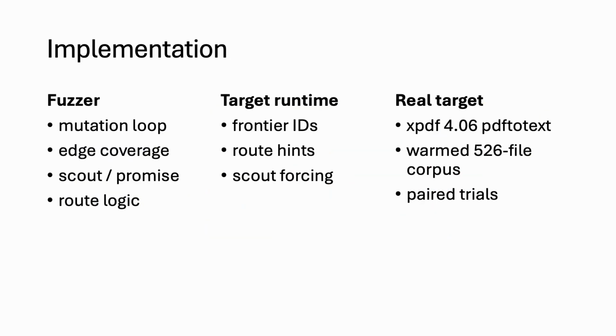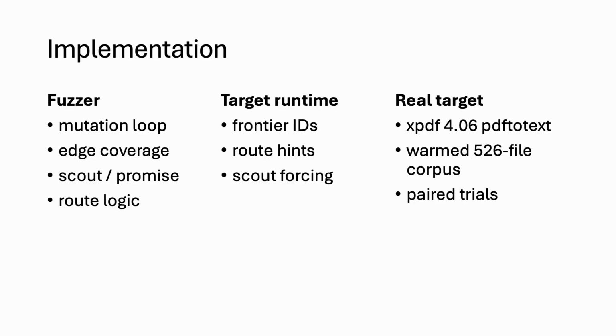I implemented this design on the fork server based mutation fuzzer that we built for Objective 10, and on the fuzzer side I added all the logic I mentioned on the previous slide, so the Scout logic, this promise measurement, so edges after you've forced a frontier, and then also these route transforms.